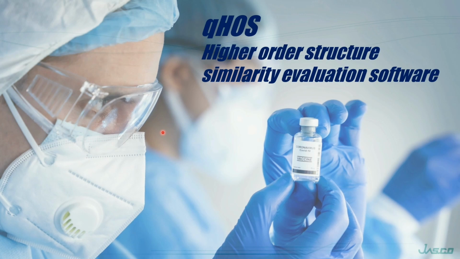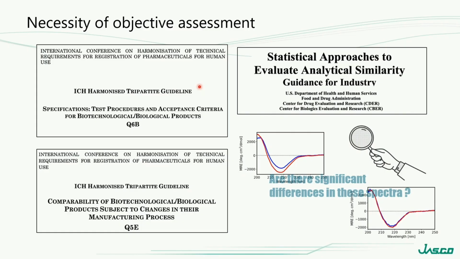I will introduce qHOS software that enables the statistical similarity evaluation of spectrum. For a long time, similarity, equivalence, or significant differences between the spectra have been conducted by visual inspection.